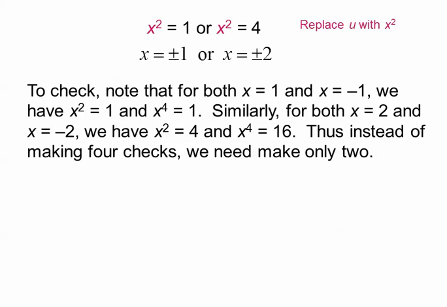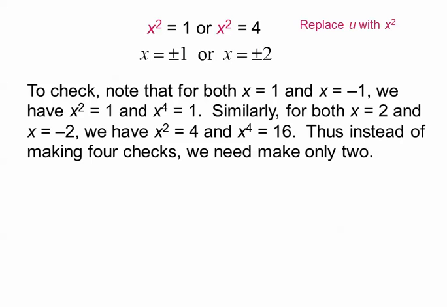You check them both. But as it notes here, because of the squaring, 2 and minus 2 are going to check the same, and 1 and minus 1 are going to check the same. So we only need to make 2 checks.